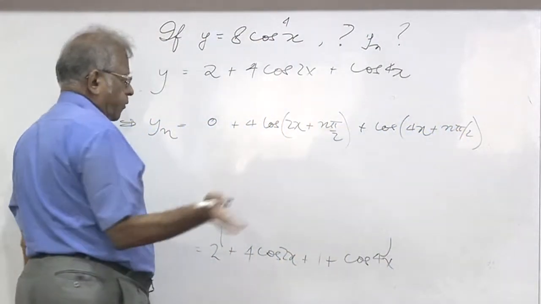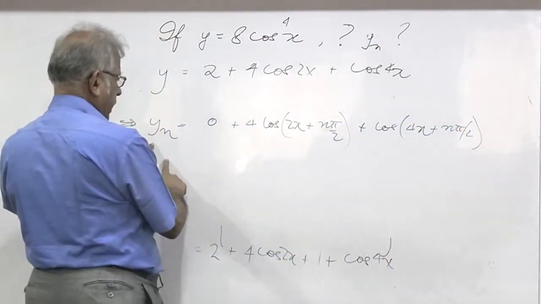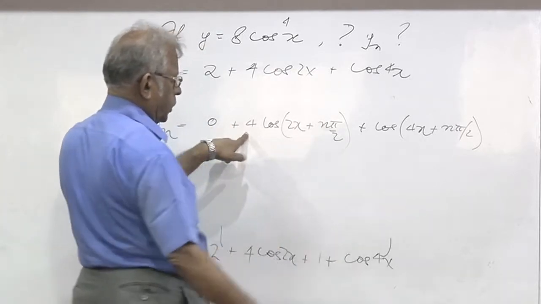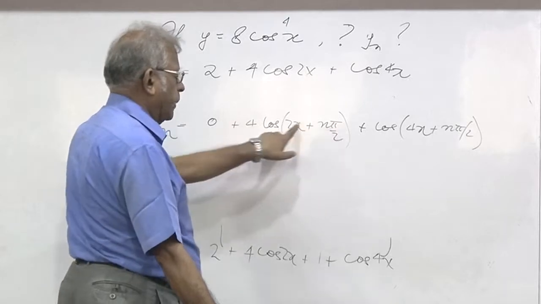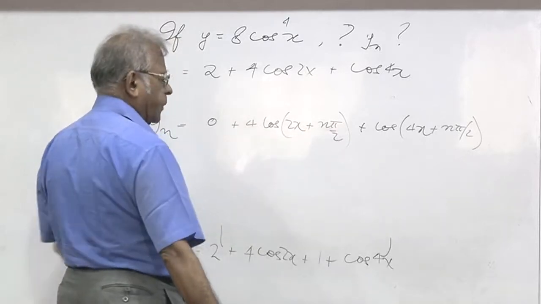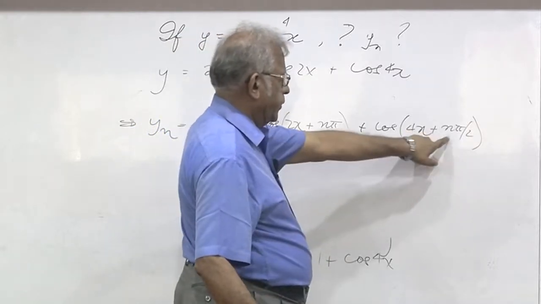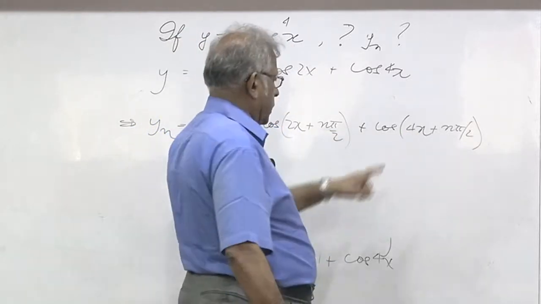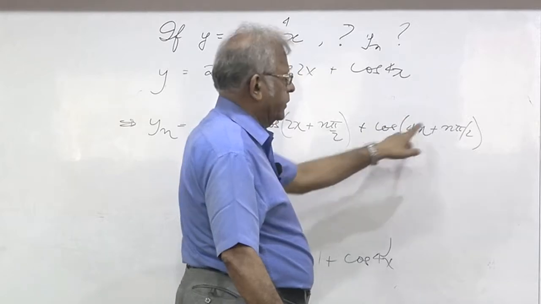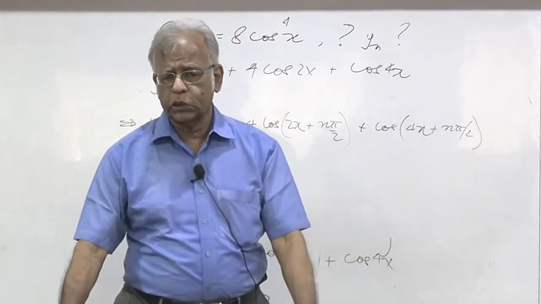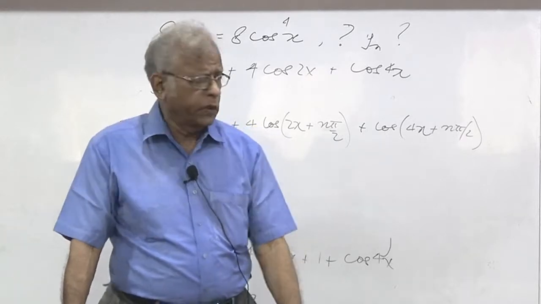So if we are talking of y2, y sub 2 is 0 plus 4 cos of (2x plus 2 pi by 2), so cos of (pi plus 2x). Cos of pi plus 2x is minus cos 2x. And here if we take n as 2, this is again cos of (pi plus 4x), and cos of pi plus 4x we have done in associated angles in class 11-12.